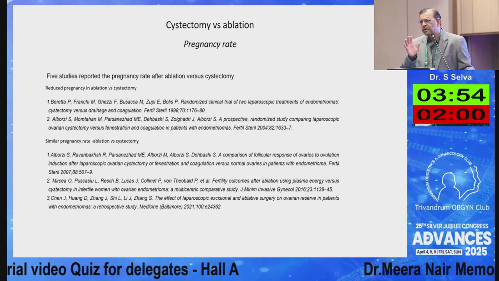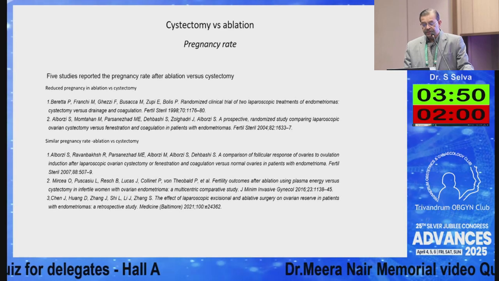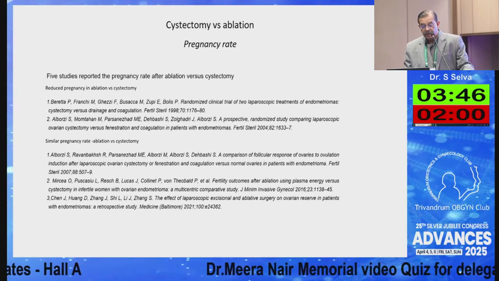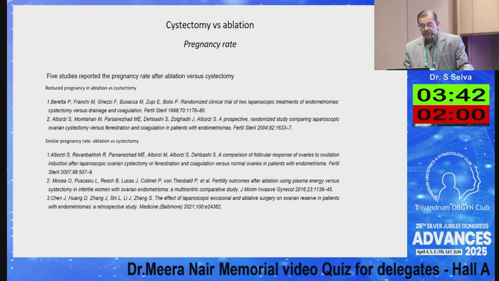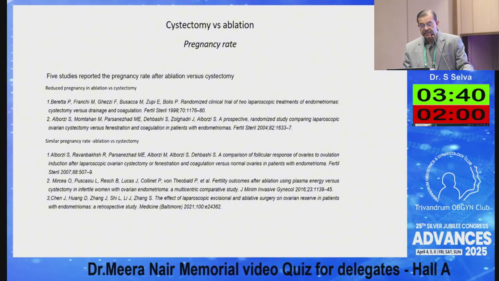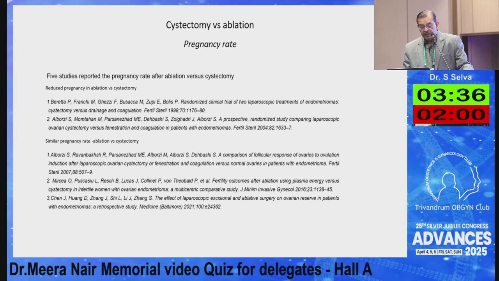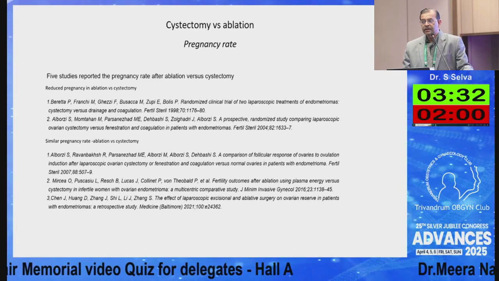Which is more important is the pregnancy rate. 5 studies reported pregnancy rate after ablation versus cystectomy. These are the 5. It shows reduced pregnancy in ablation versus cystectomy in some, and similar pregnancy in ablation versus cystectomy in others.